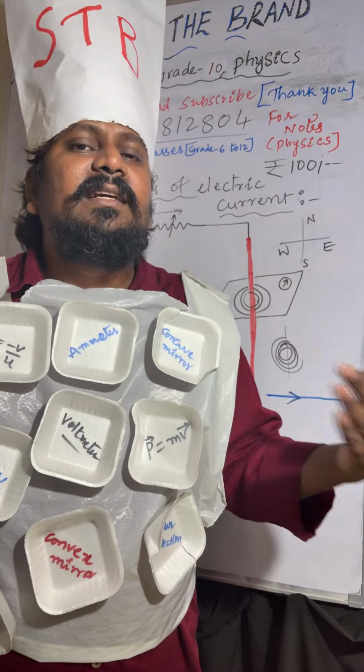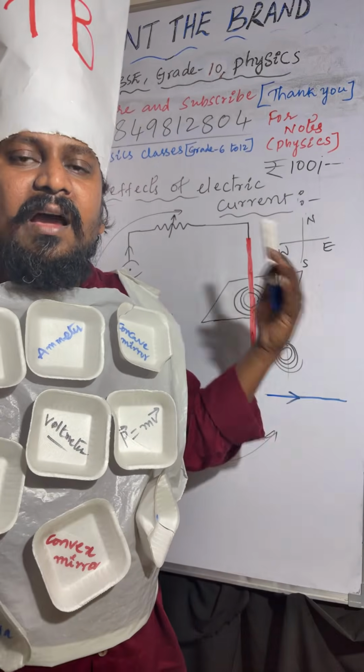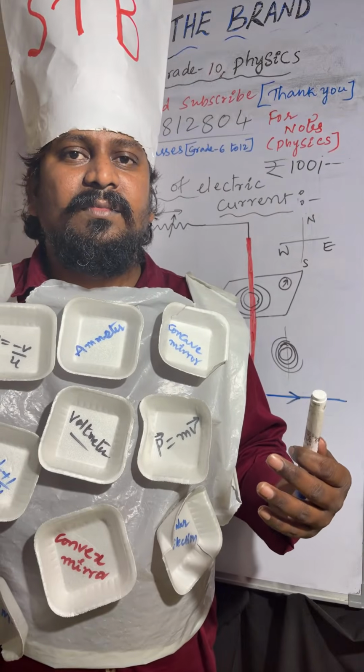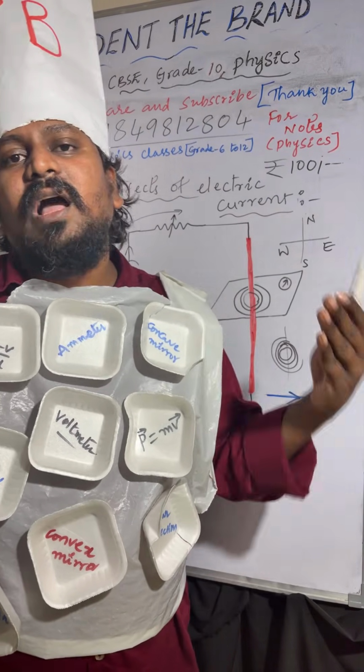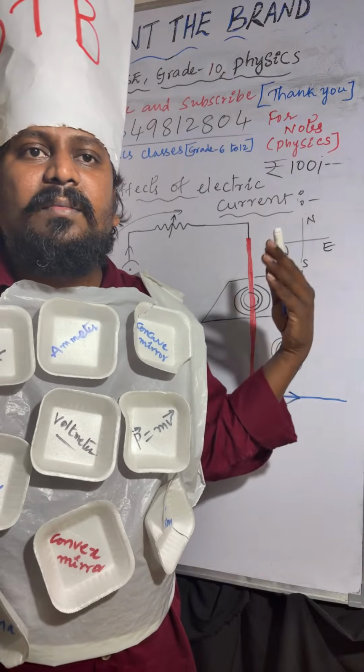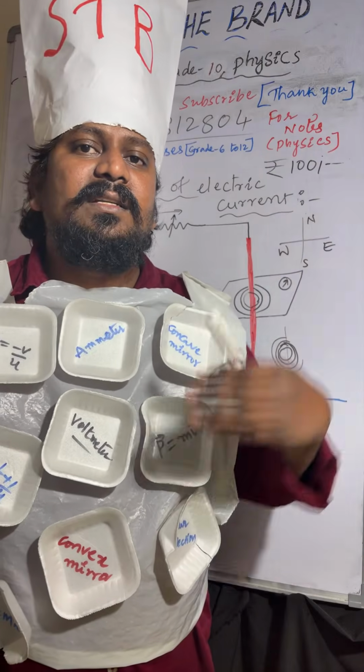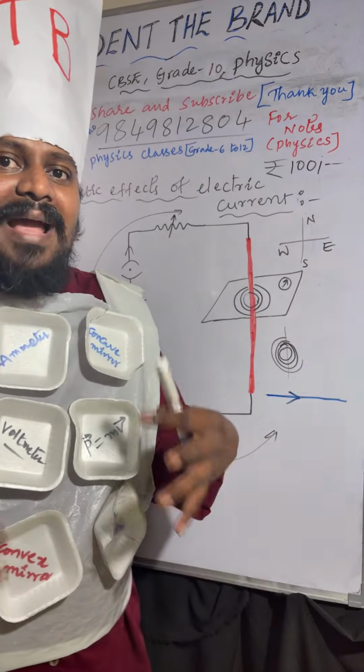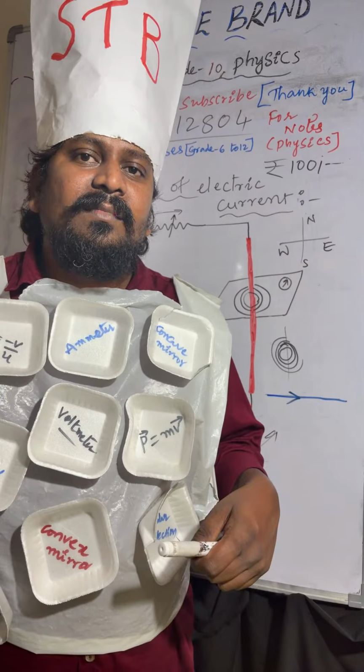The magnetic field is decreasing when moving away from the conductor. Near the conductor, the magnetic field will be more.